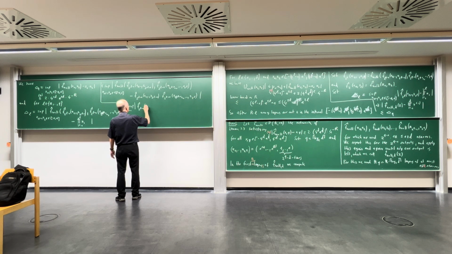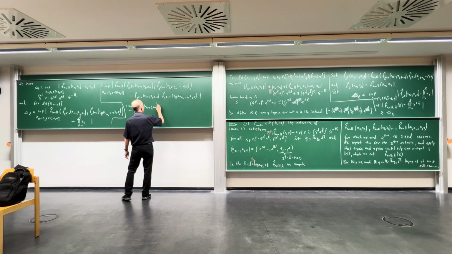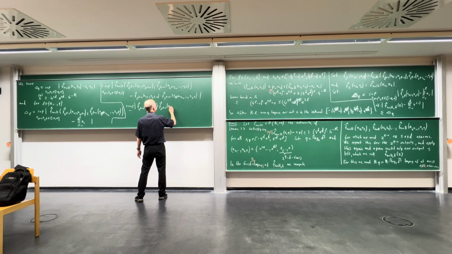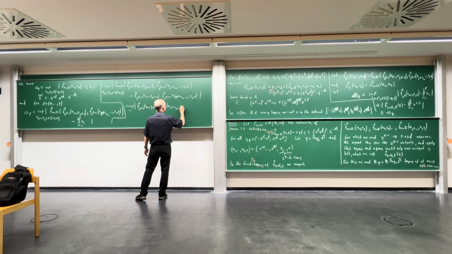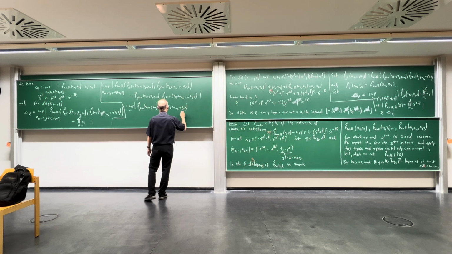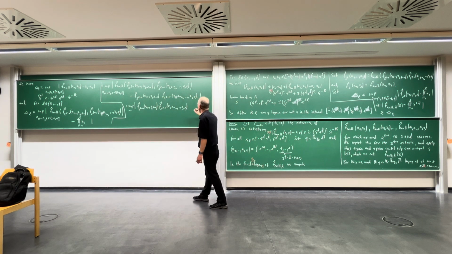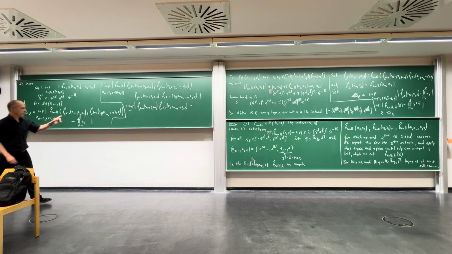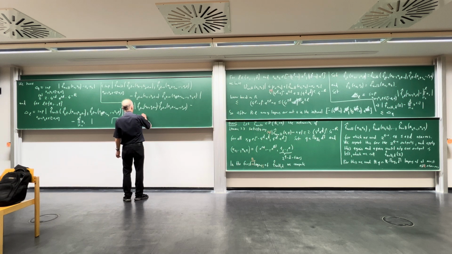Minus 1. And then go to 2L minus 1 times minus 1 from z 2L minus 1 plus 1, z 2L. And I subtract. I want to come to this guy, but I first subtract, well, it doesn't matter how I start.